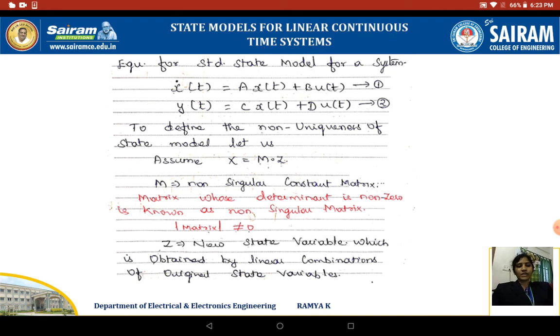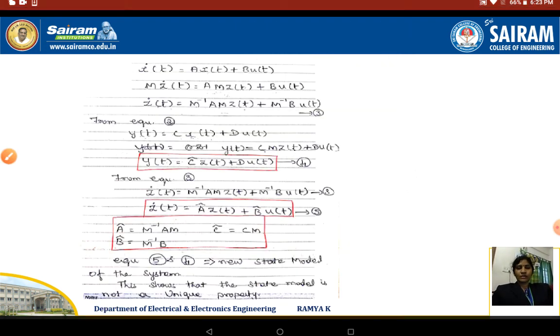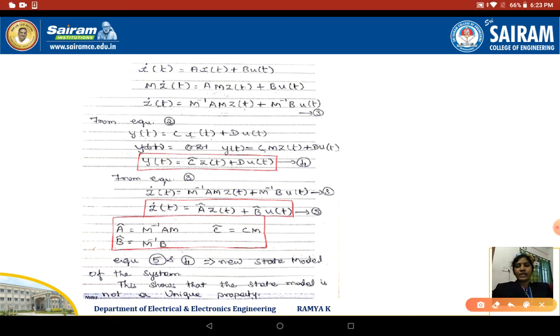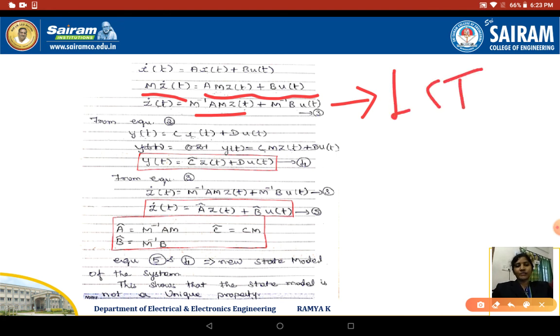After replacing, you are going to get M z dot of t is equal to AMz of t plus Bu of t. So when you bring this M towards your right hand side, you will get M inverse AMz of t plus M inverse Bu of t. So it is your modified form of state equation for a linear continuous time system.